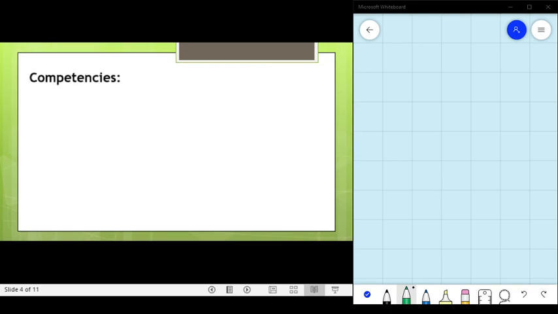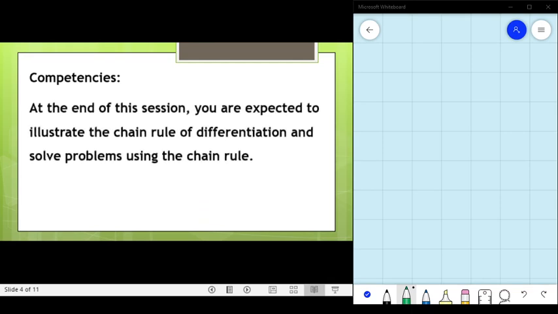The competencies: at the end of this session, you are expected to illustrate the chain rule of differentiation and solve problems using the chain rule.